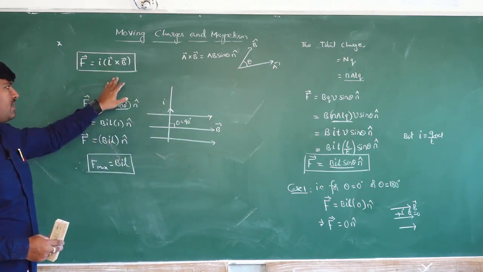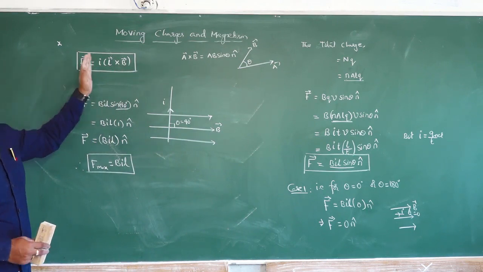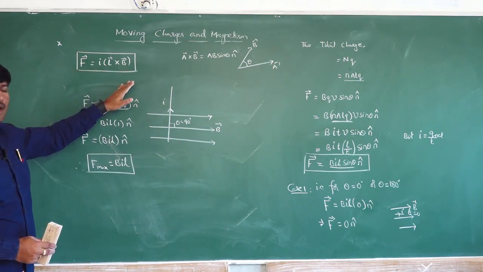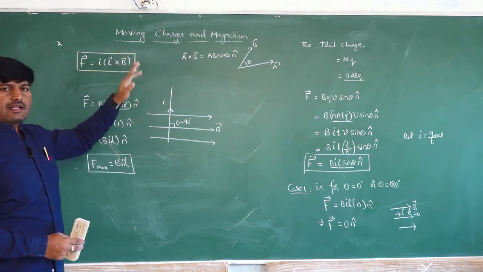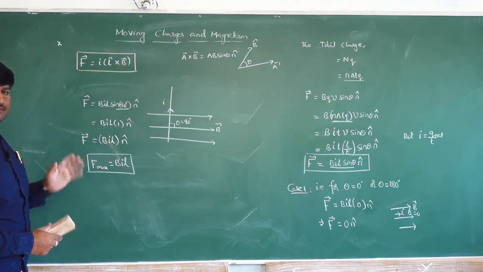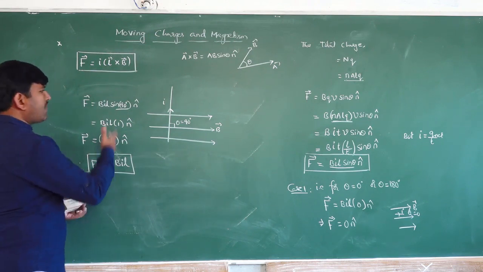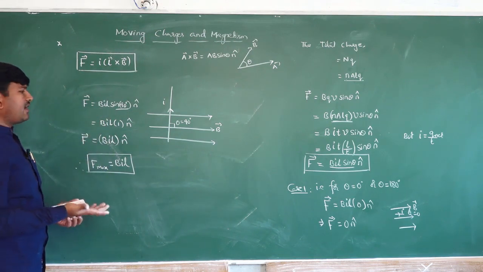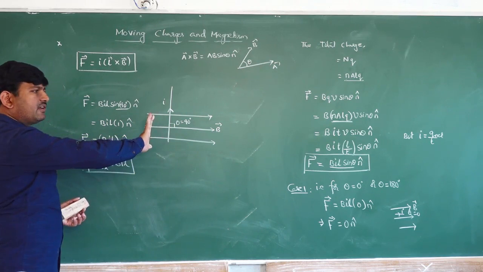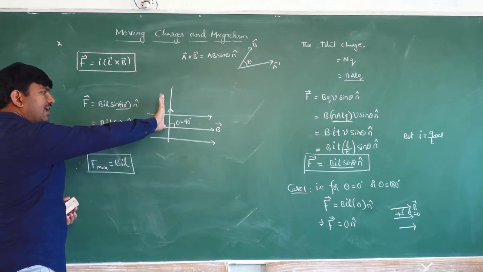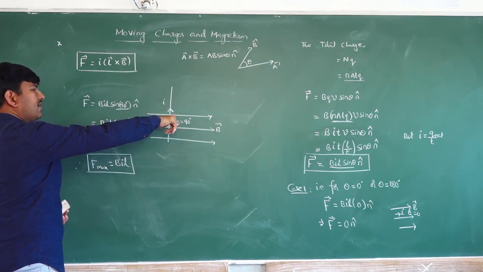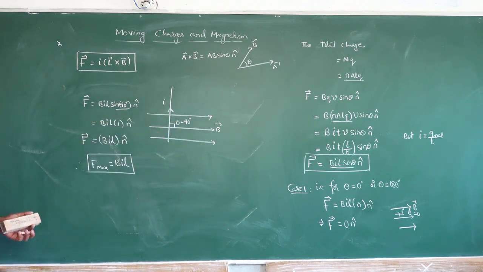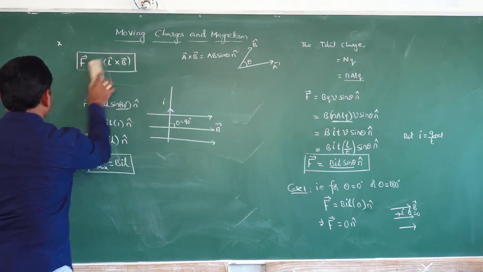If the left hand side is a vector, then the right hand side must be a vector. In order to satisfy that, we take L bar as a vector here. Is it clear? Now, the direction of magnetic force is obtained simply by using the right hand curl rule. Curl your fingers from the L bar direction to the B bar direction. So, the direction of magnetic force here will be directed into the board. Is it clear? Next.